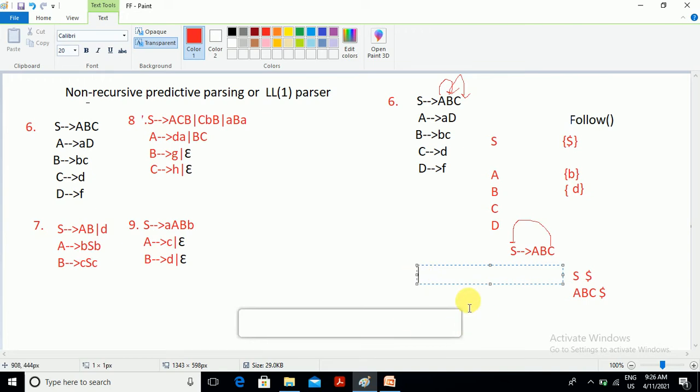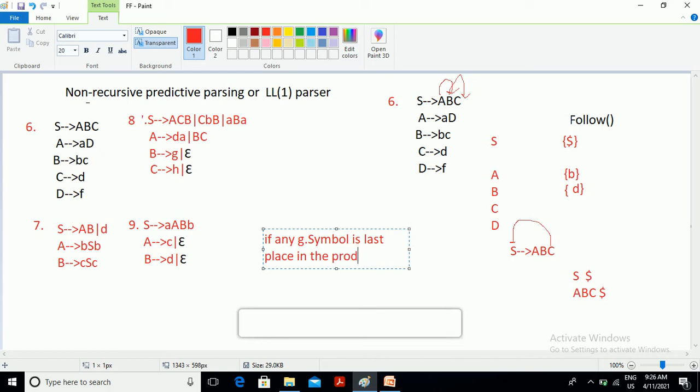Here I am writing the point: if any grammar symbol is in the last place, then their follows will become follows of the production variable.